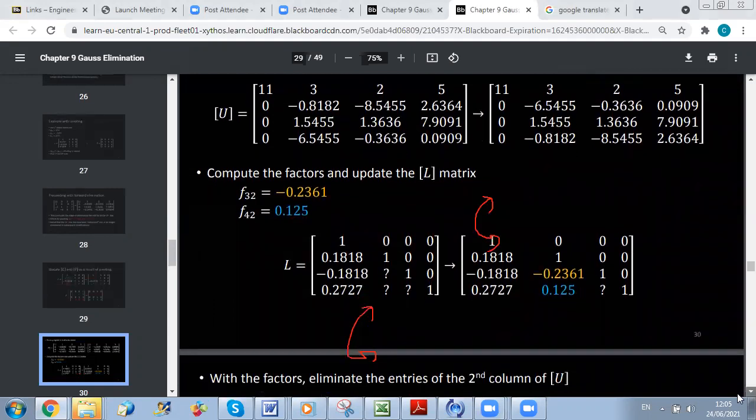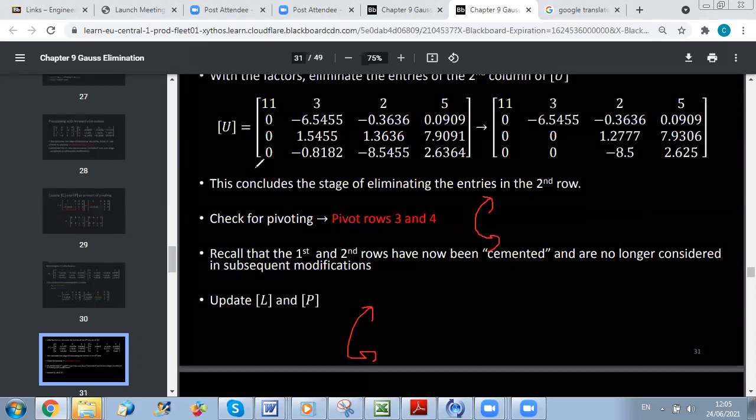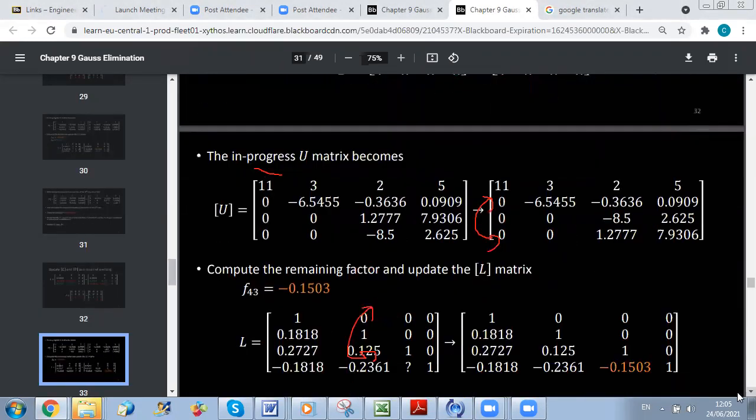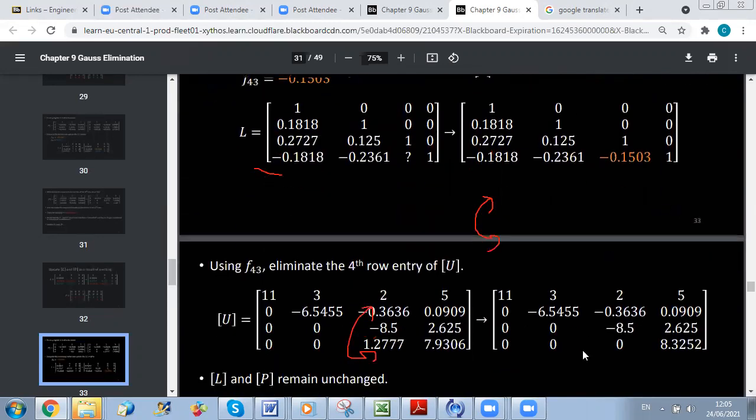So yesterday we were done with this process, and we ended up with the following matrix for U. This is the final U matrix.